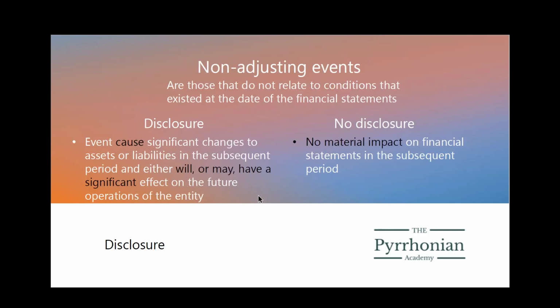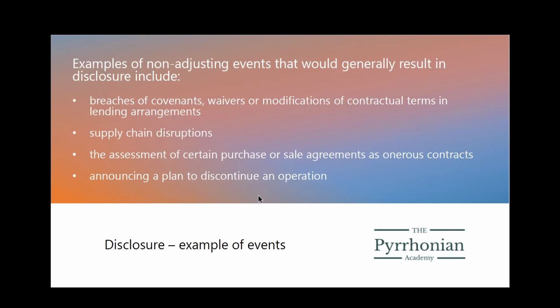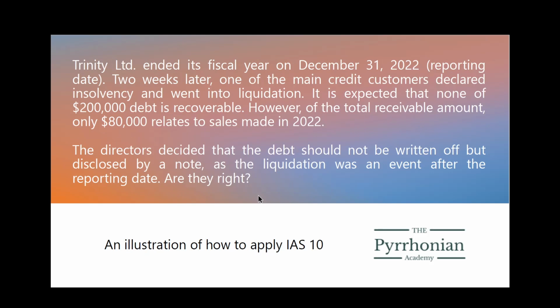So let's go back to this example. As you see, $80,000 relates to the sales made in 2022. If you just think reasonably about this customer, this customer went into liquidation because of its insolvency. However, a financial condition that results in insolvency is an ongoing process that lasts months, sometimes years. It doesn't happen day to day.